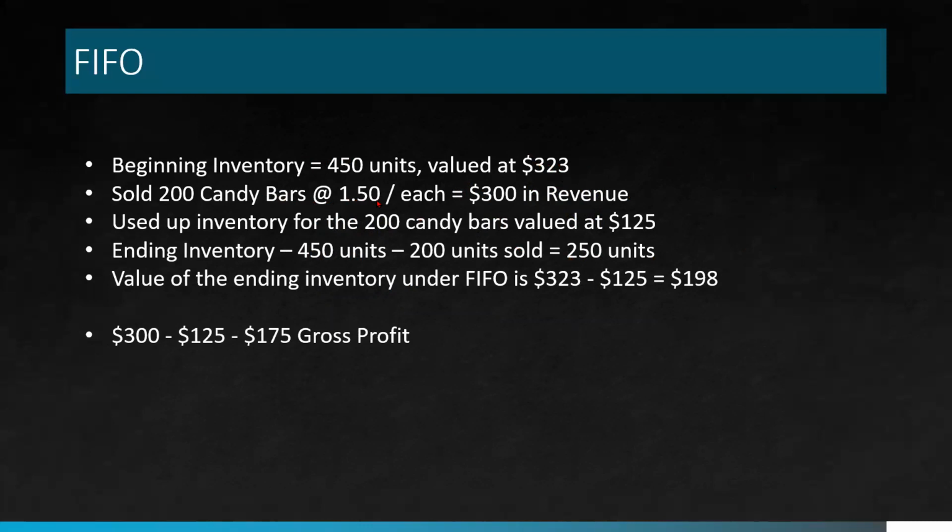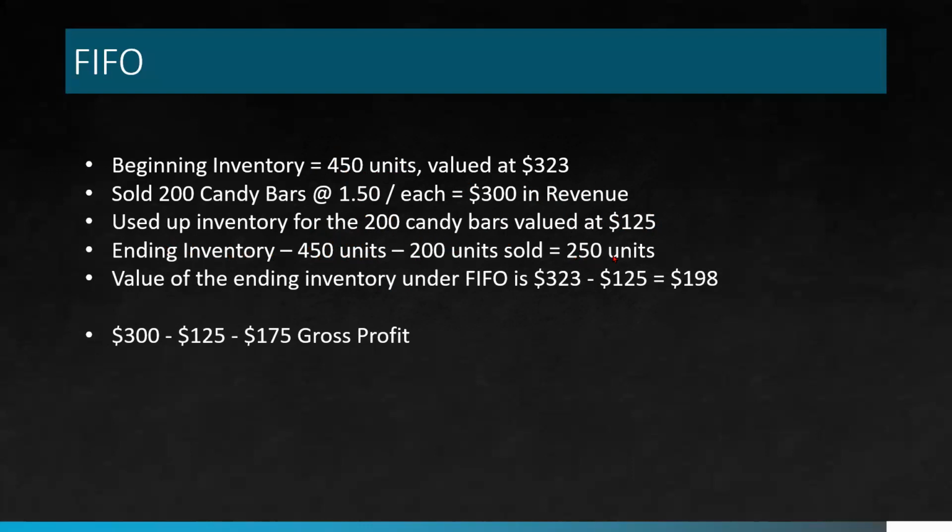Then when I sold the 200 candy bars at $1.50 each, that brought me in $300 of revenue. So using up the inventory from the purchase on the 1st and the purchase of the 15th, that was $125.